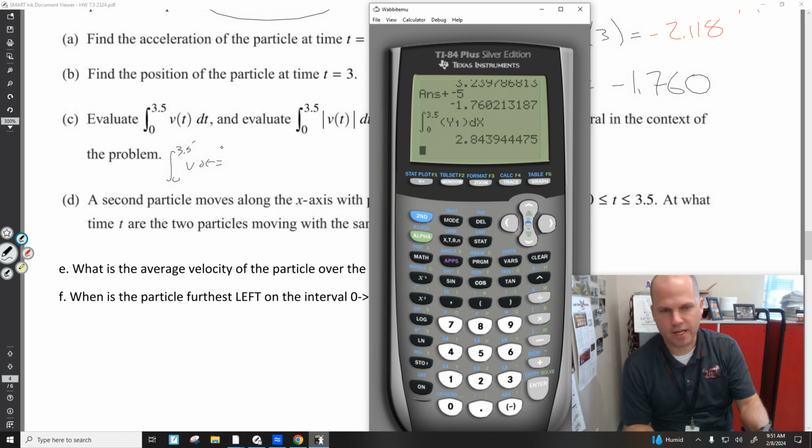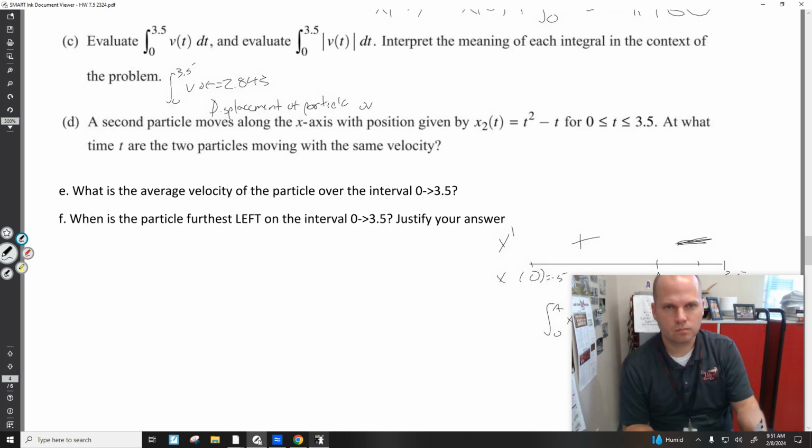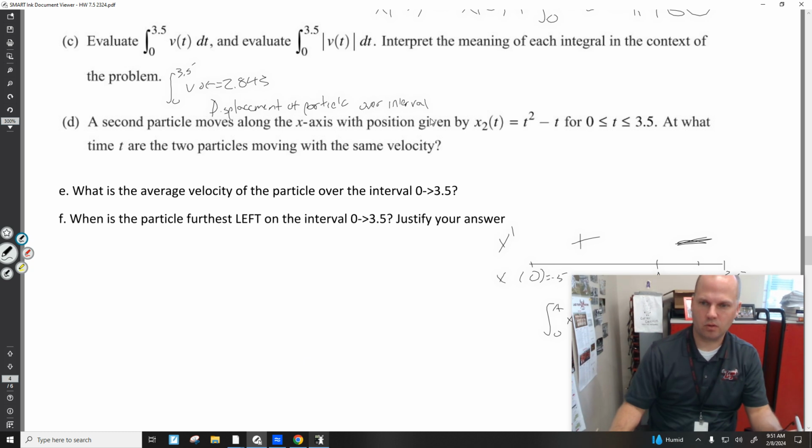You can say v, you can say x prime, it doesn't matter. What is this? Displacement of the particle over the interval. That says displacement of particle over interval, if you're just copying this down.